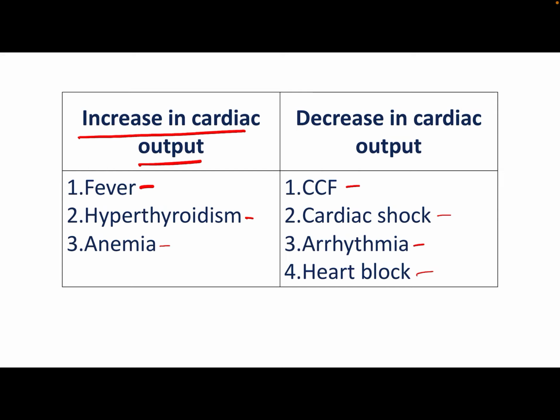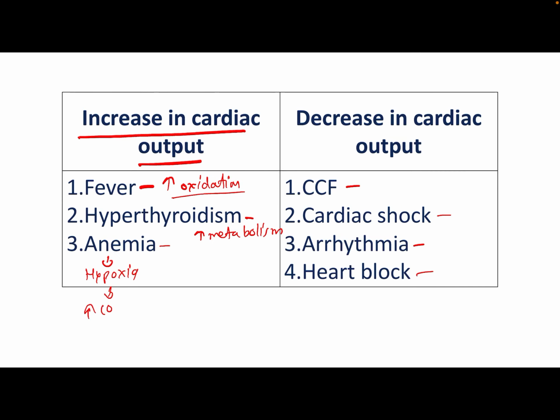In fever, there will be increase in the oxidative process, that is the oxidation. Increase in oxidation will increase the cardiac output. Then in hyperthyroidism, there will be increase in the metabolism. In anemia, there will be hypoxia, and this hypoxia will increase the cardiac output.